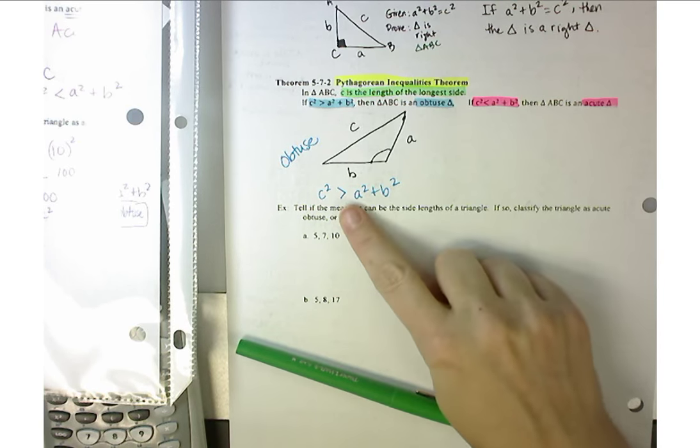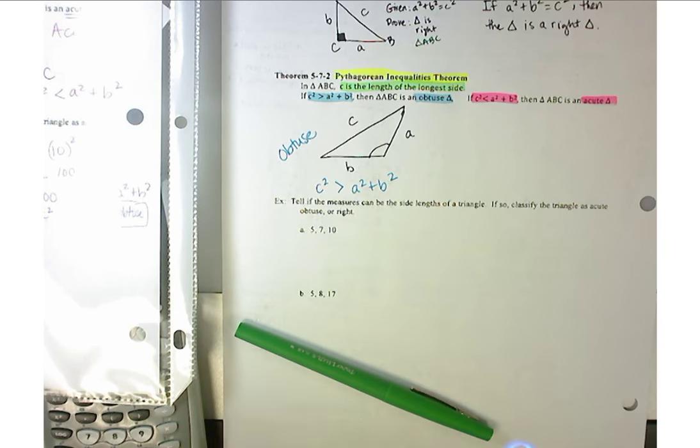If they're equal, what kind of triangle is it? Right. A right triangle. Okay, so if it's greater than, it's obtuse.